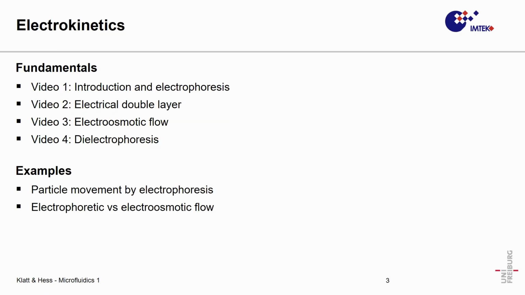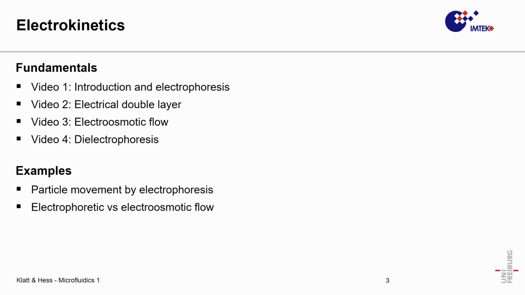To get to know the theory of electrokinetics, we prepared 4 videos. One is an introduction video and will introduce the concept of electrophoresis to you. In the second video, you will learn about electrical double layers.